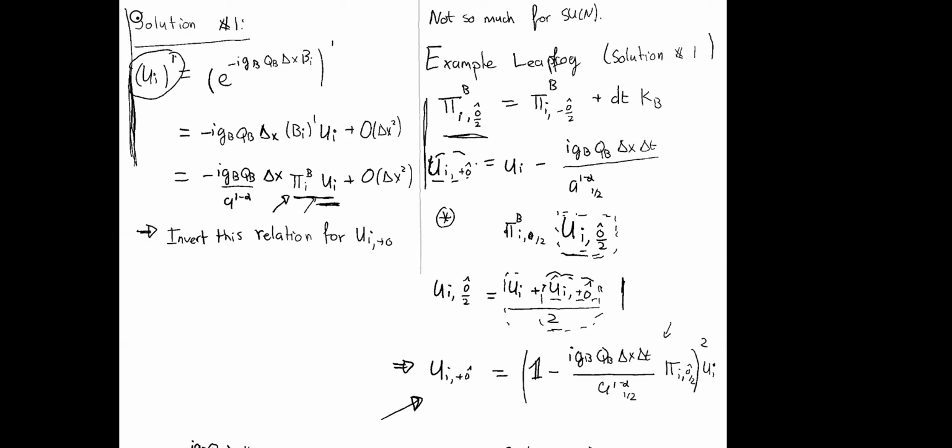Cool. So we are almost ready to go to the code. Last thing I want to comment on is Gauss law, because I think it's really important. This is something that is kind of nice to know at the conceptual level. In the Hamiltonian formalism, gauge invariance is completely equivalent to Gauss law.